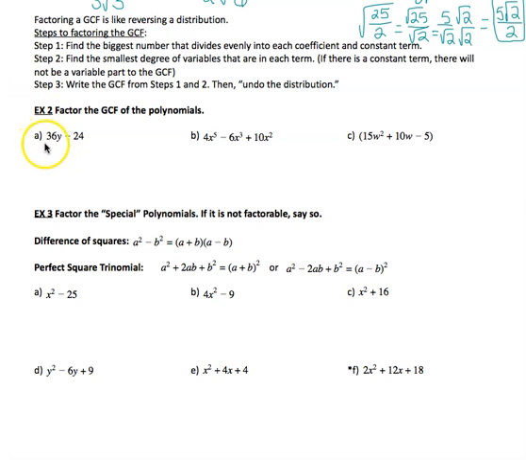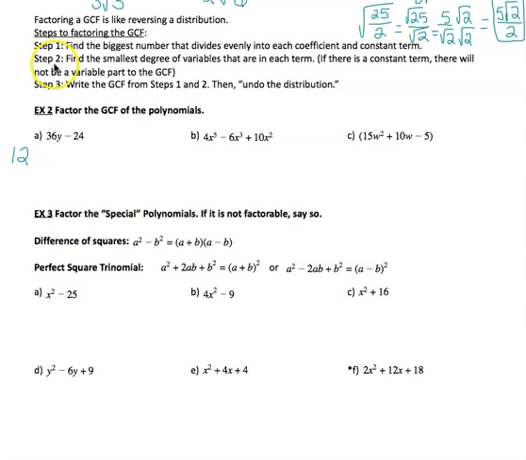So factors of 36, I have 1 and 36, 2 and 18. So is 24 divisible by 18? No. So then 3 and 12, 24 is divisible by 12. So our step 1, the biggest number that evenly divides both of these, is a 12. So I'm going to put that 12 out in front.